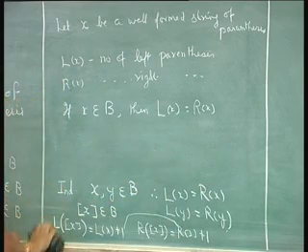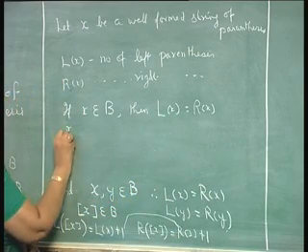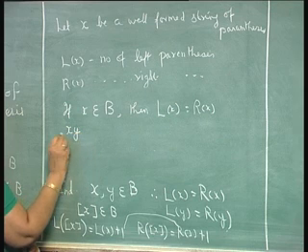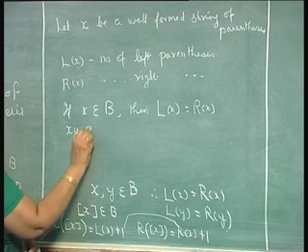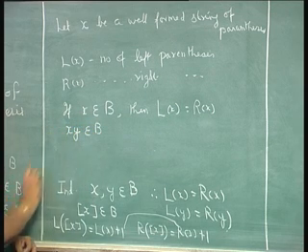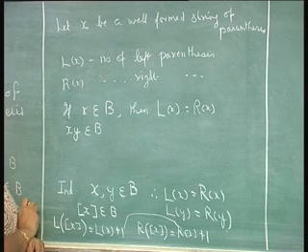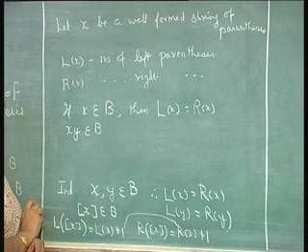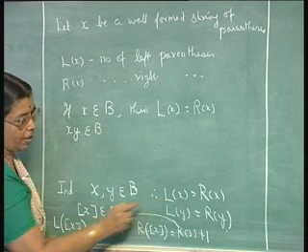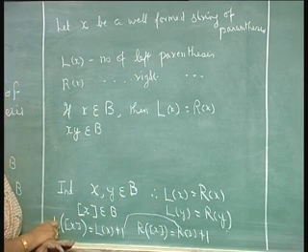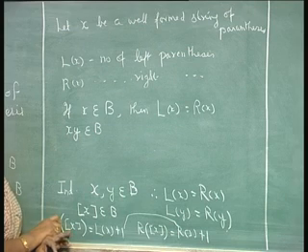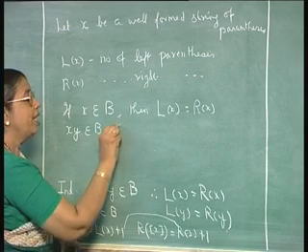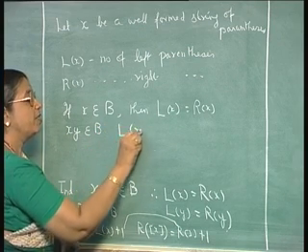Now, the other part is, you also know that xy also belongs to B. If x belongs to B and y belongs to B, xy also belongs to B. This is the way we define the induction class. Now, for x and y this holds: the number of left parentheses of x is equal to the number of right parentheses of x, and similarly for y. Now, what can you say about the number of left parentheses of xy?